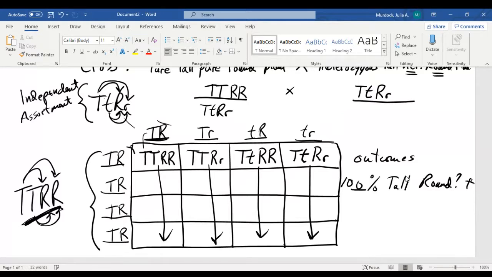100%. That's it. 100% of them are tall and round. Yes. There is no other phenotype here. On the other hand, what percent of them are going to be completely heterozygous like this? Are going to have that genotype? Just that genotype.